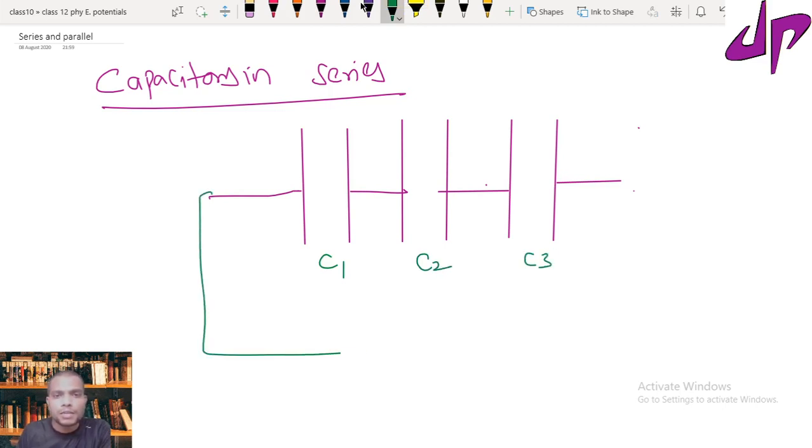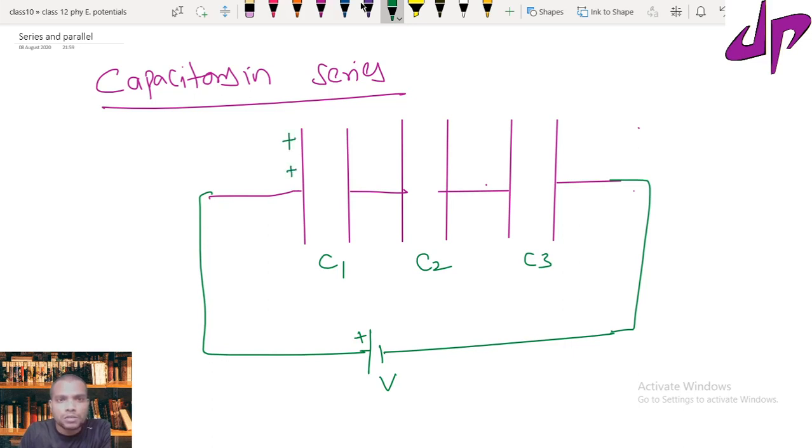And if we connect that to a cell having potential difference V, suppose we switch it on, so this is the positive potential. Now this plate gets positive charge, and the electrons will start to move from the opposite direction.